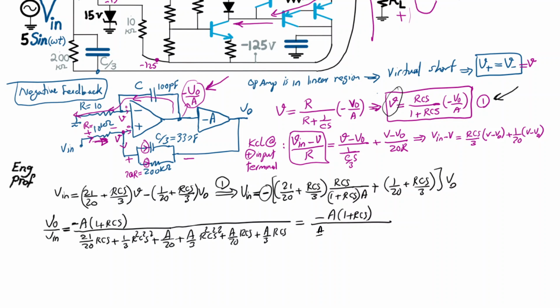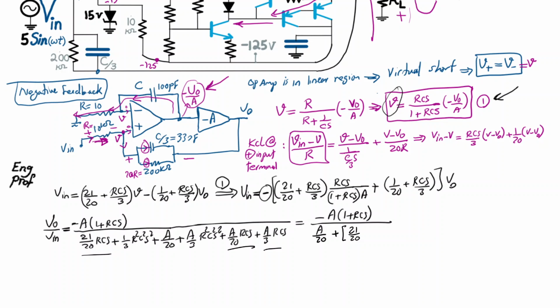A over 20 and plus, let's factor out everything that has RCS. So 21 over 20, and then we have this component, this component, this component.